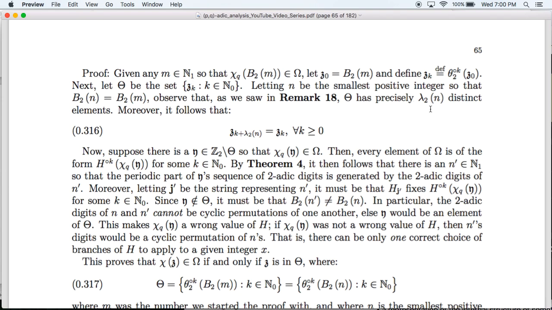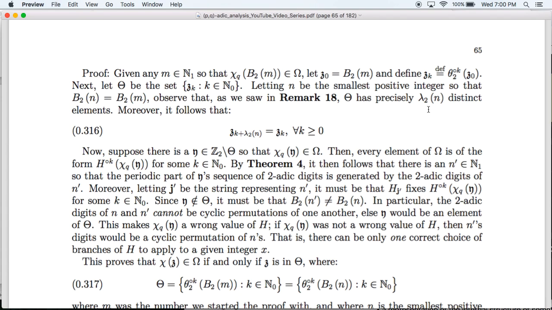And that's going to have lambda 2 of n digits. And then since we're getting z0 by taking that sequence and concatenating it with itself infinitely many times, this means that as we apply the left shift to go from the zk's, we just need to shift lambda 2 times before we've reset and we're back to where we started.